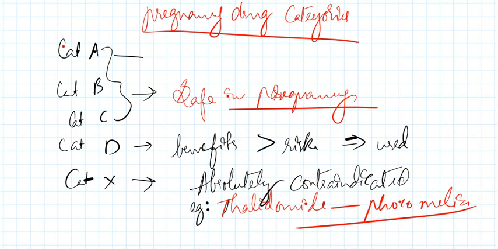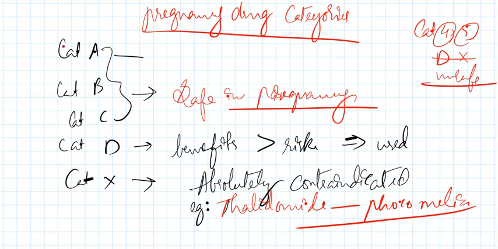Now there is one more thing. Category 4 and category 5 are unsafe in pregnancy. What is this 4 and 5? That is category D and category X. These two are completely unsafe in pregnancy.